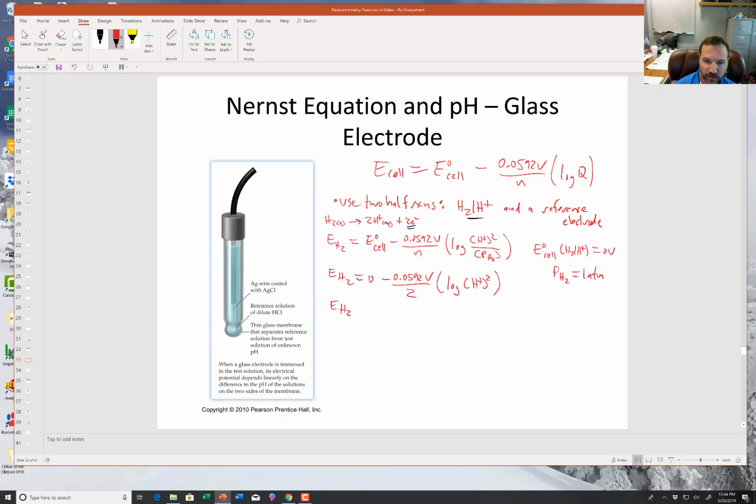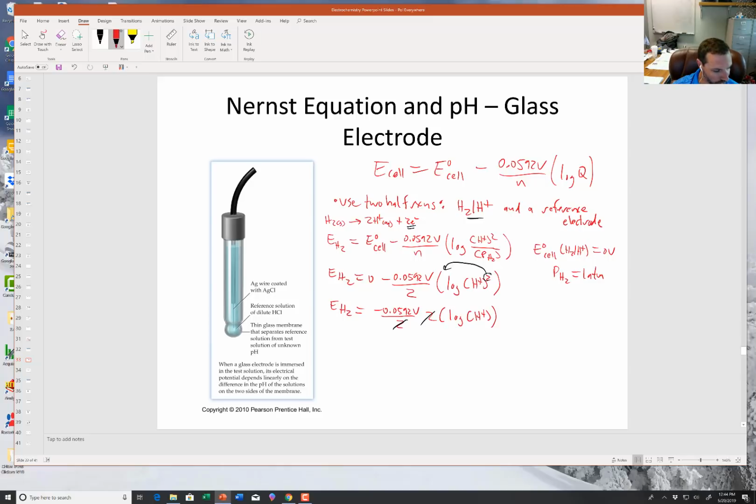Now we can say E hydrogen equals negative 0.0592 volts over 2 moles of electrons. We can use our log rules, so we can pull the 2 out front. So we know that we have 2 times the log of H+. Now we can see that these 2's will cancel.